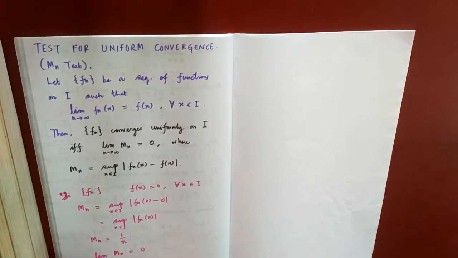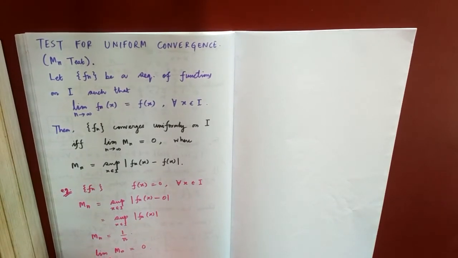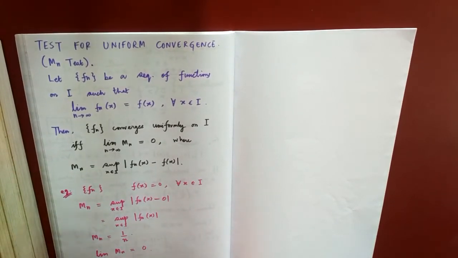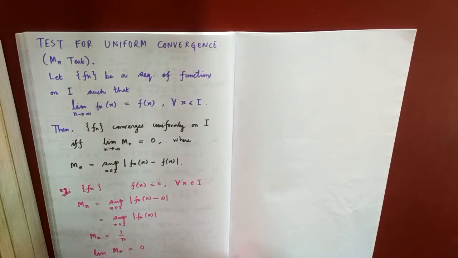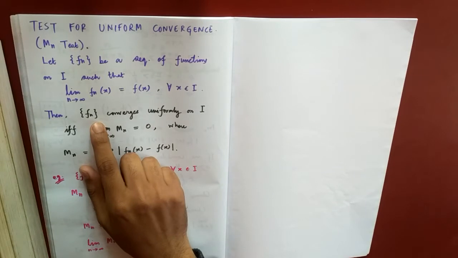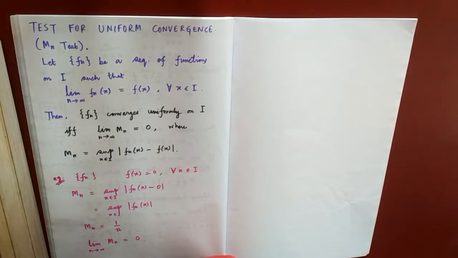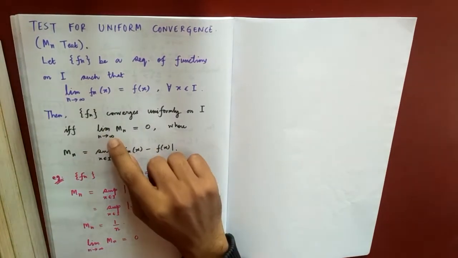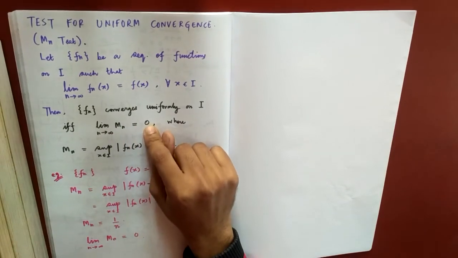Okay, so I was discussing the Mn test. That means it will help you to test the uniform convergence of a sequence of functions. It says that this Fn converges uniformly on a given interval if and only if limit Mn is 0. What is Mn?